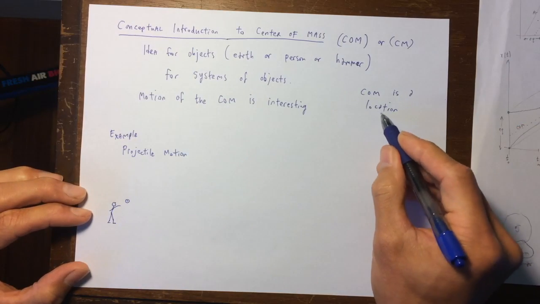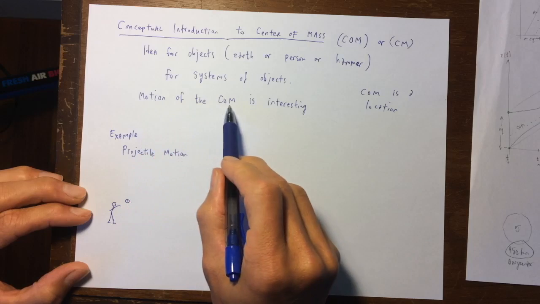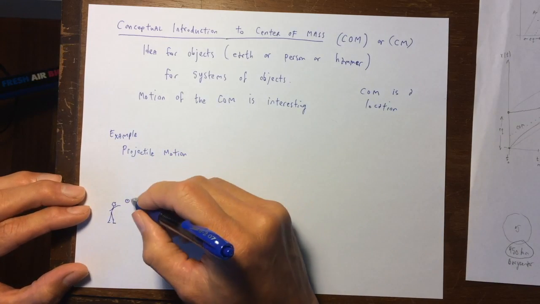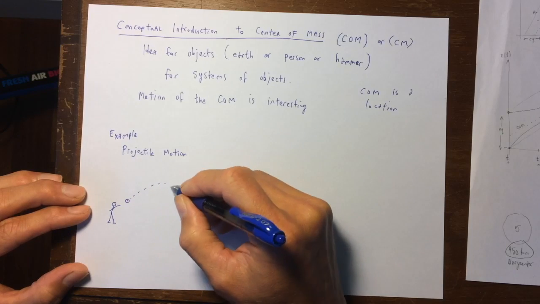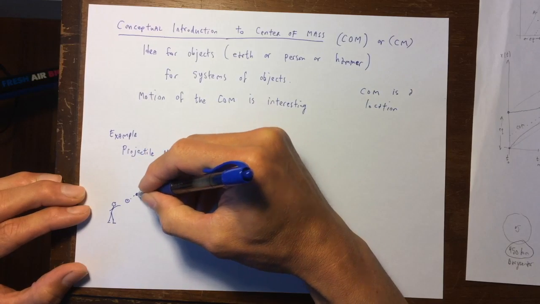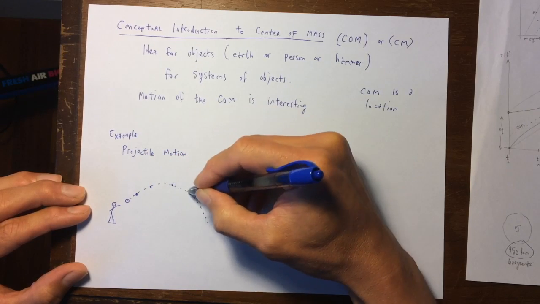And this location, we can think about the motion of that location. So in the particular case of projectile motion, the motion of that dot, here it is at different places.